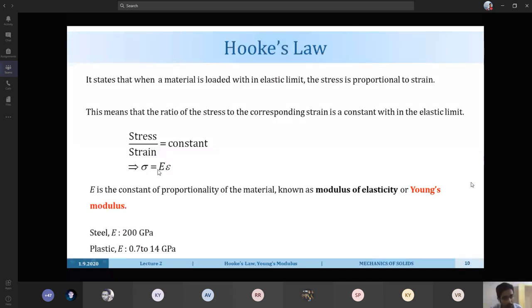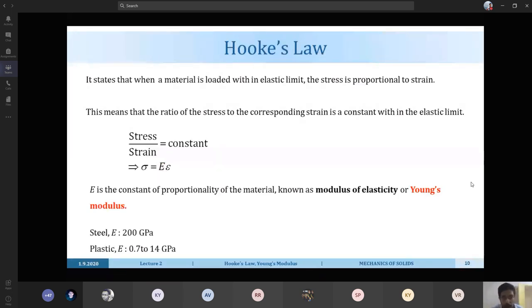So sigma equals E into epsilon. What will be the unit of E? E will have the same unit as sigma, because sigma is Newton per millimeter square and epsilon is dimensionless.